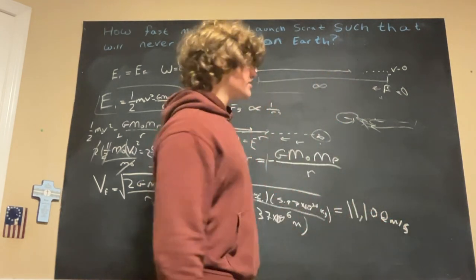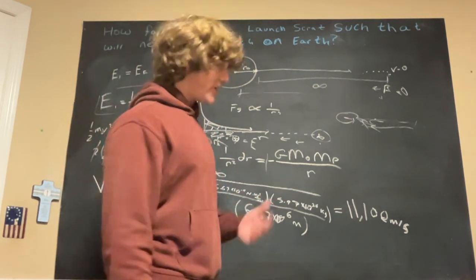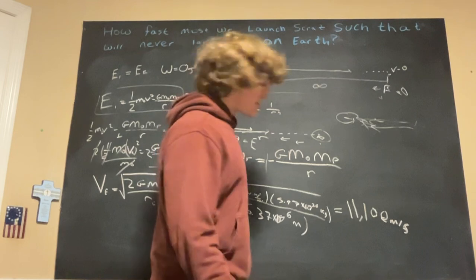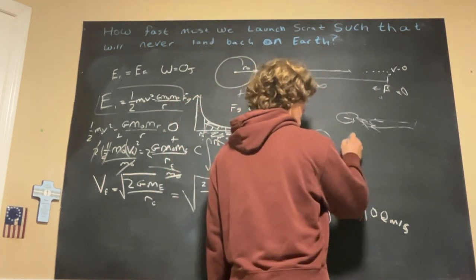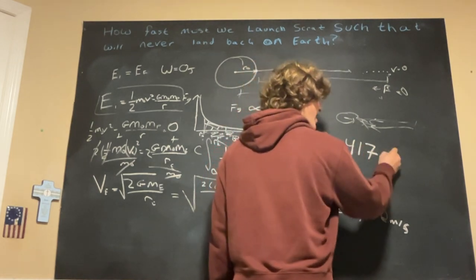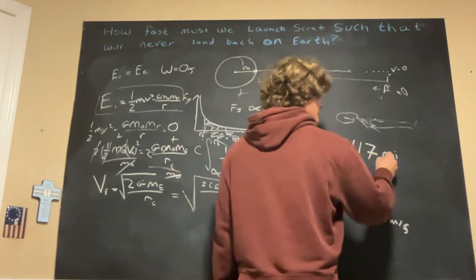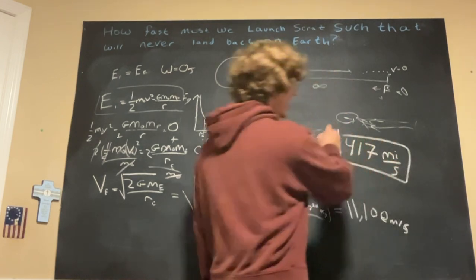This is our answer. Now, you can't really think about that too well if you're from America like me. So another way of thinking of this is every second you move 417 miles. This is so fast.